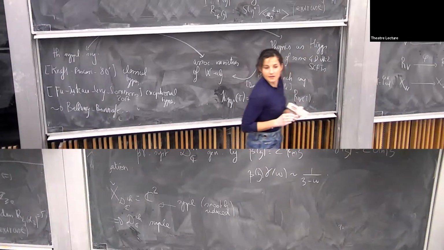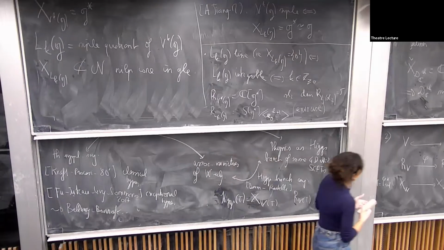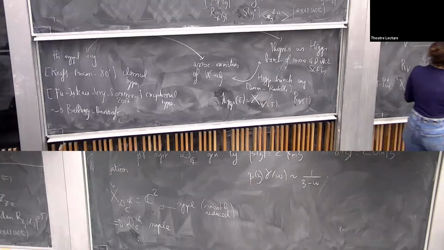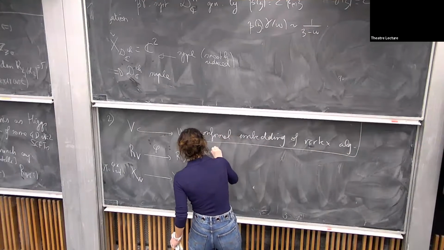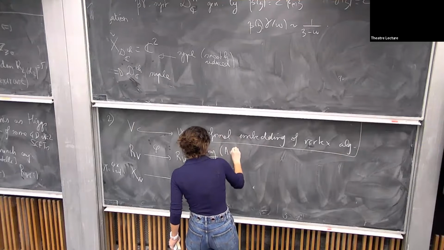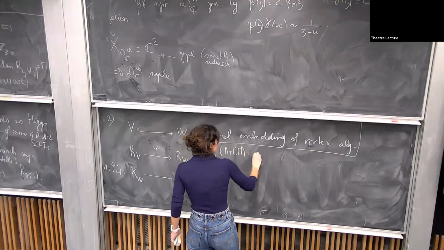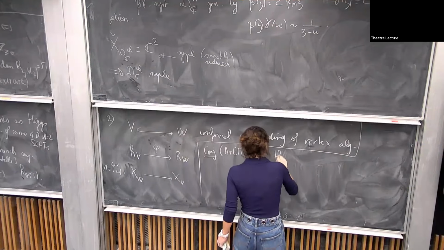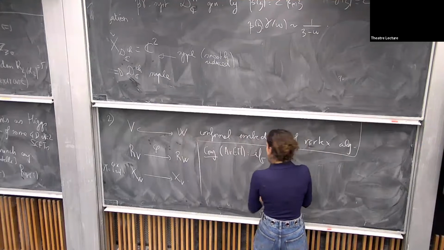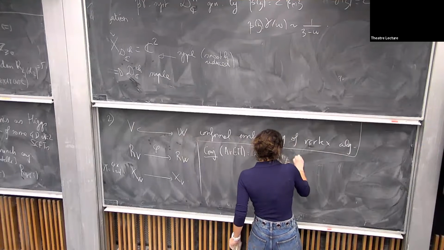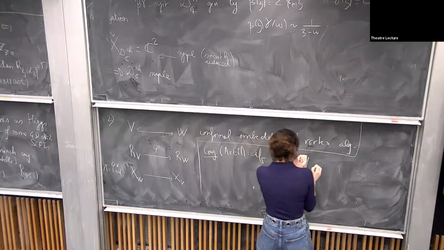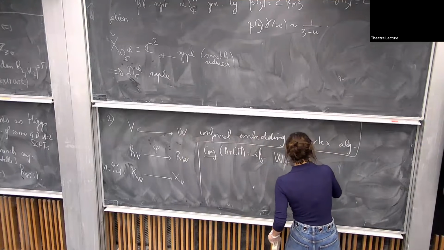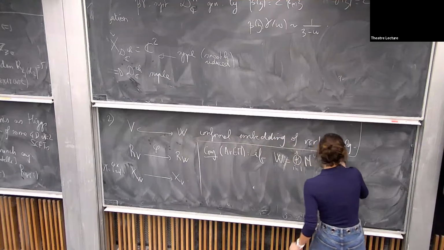We want to say that when the extension is finite, there is a conjecture. More precisely, by the extension being finite, I mean that W is a finite sum of simple V-modules.